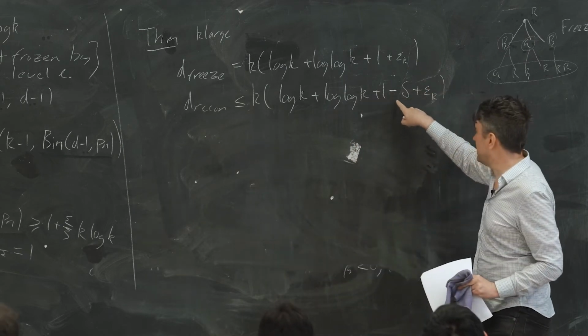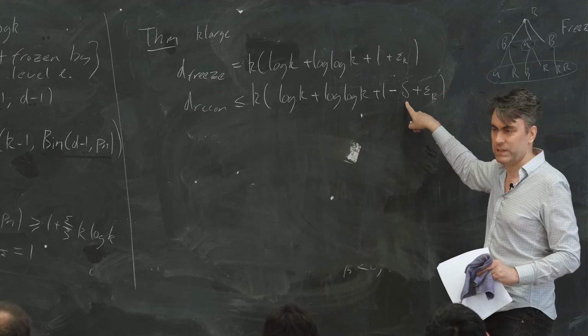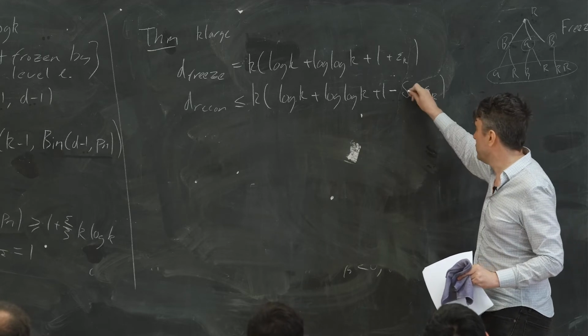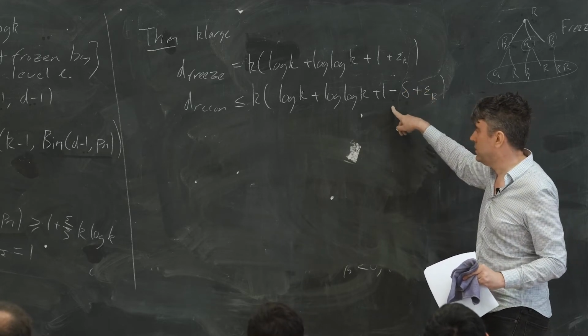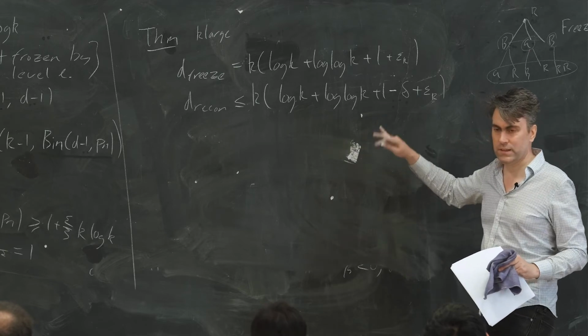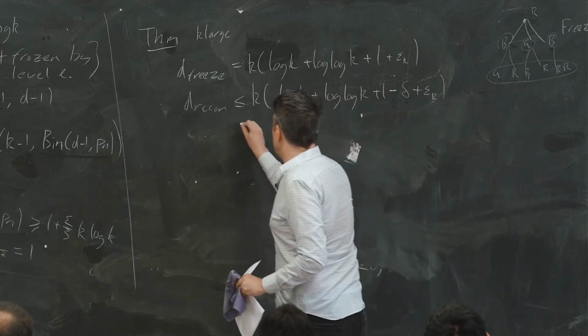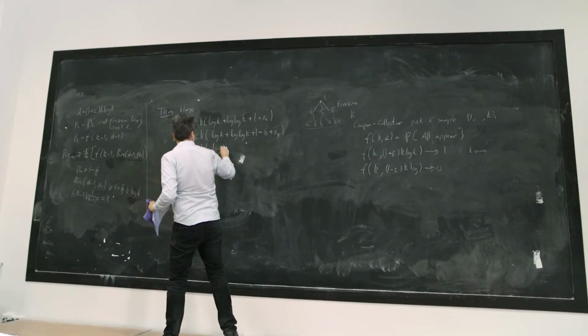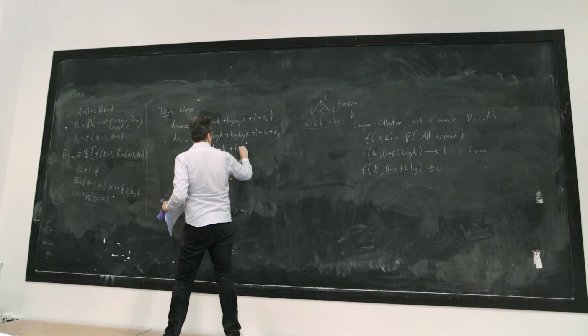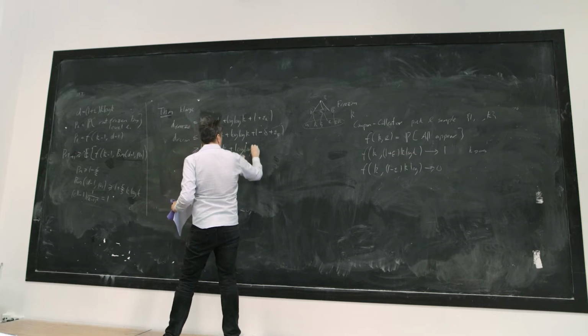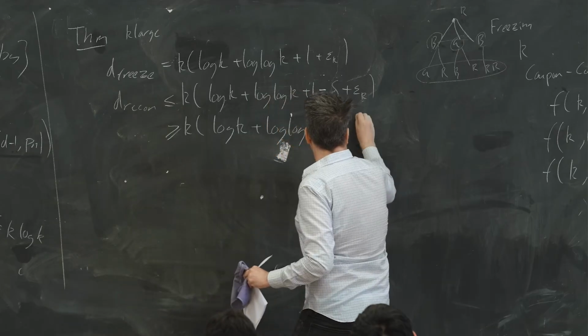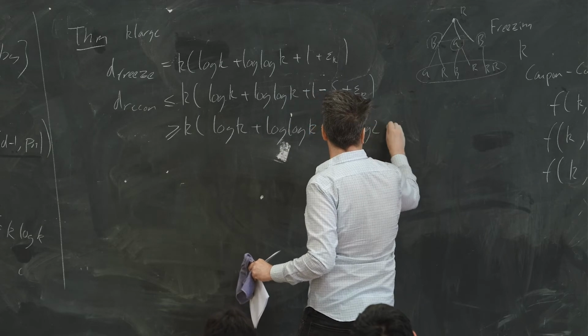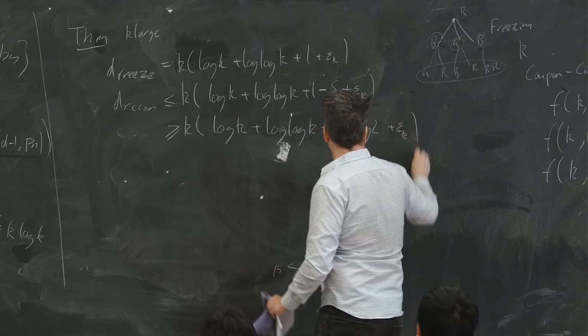So this delta is some fixed number. So you can do reconstruction even for slightly smaller values, but not much smaller. One minus log 2 plus epsilon_k.